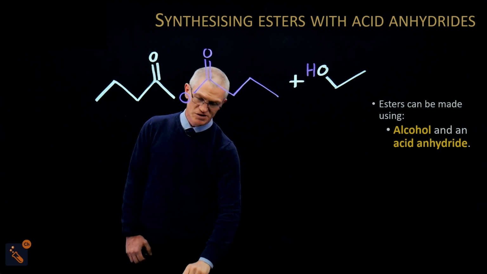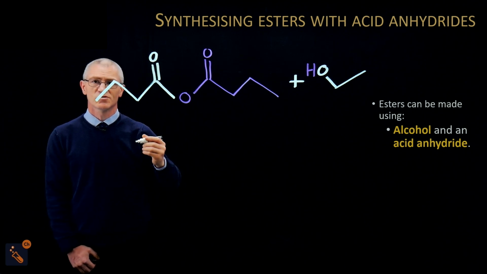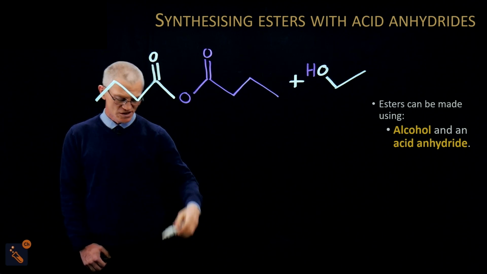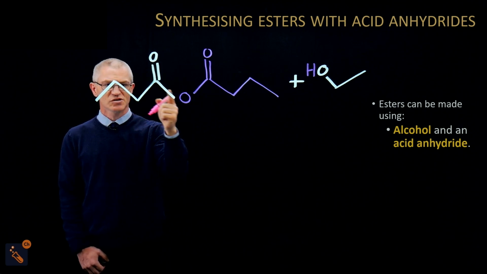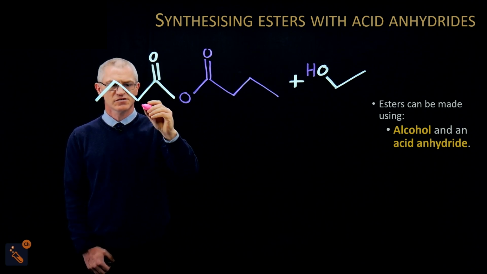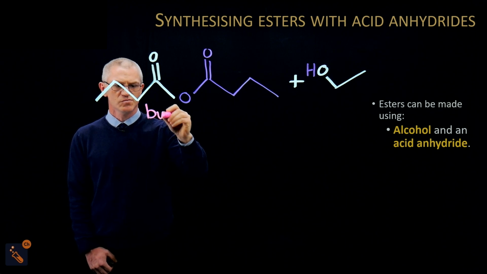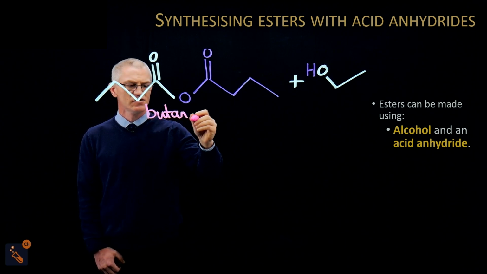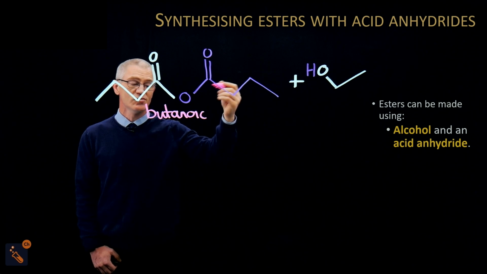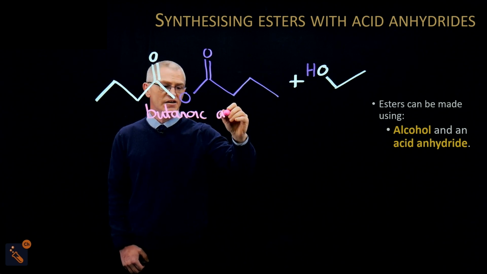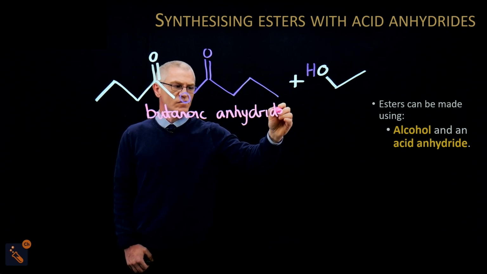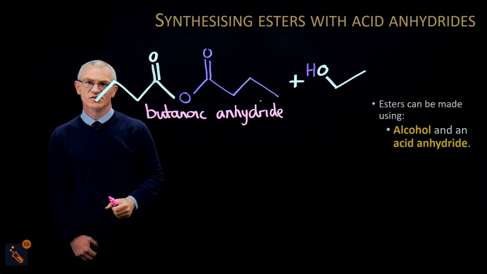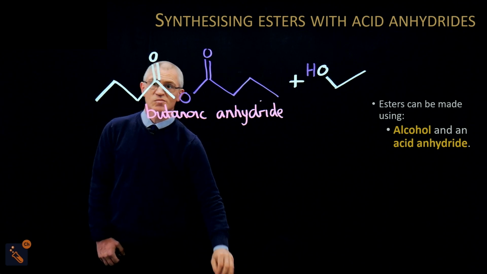Now, it's useful because anhydrides, you don't come across them very often. We'll name this one. This has two butanoic acids. So essentially what we do is we call it butan and then oic, because it's made from a carboxylic acid, and anhydride. So that's butanoic anhydride. But don't worry too much about the naming, that's what it's called.